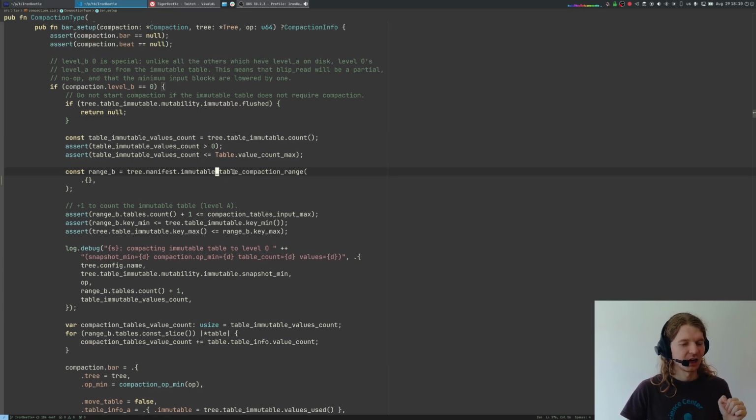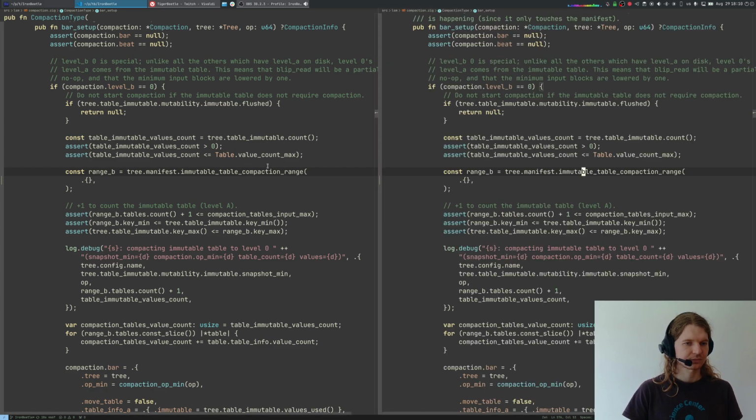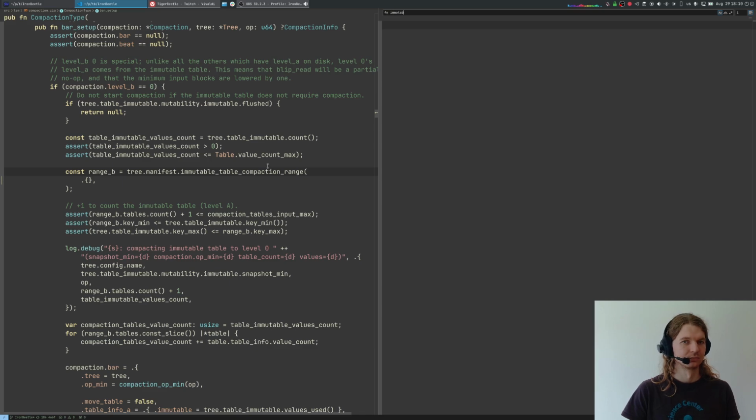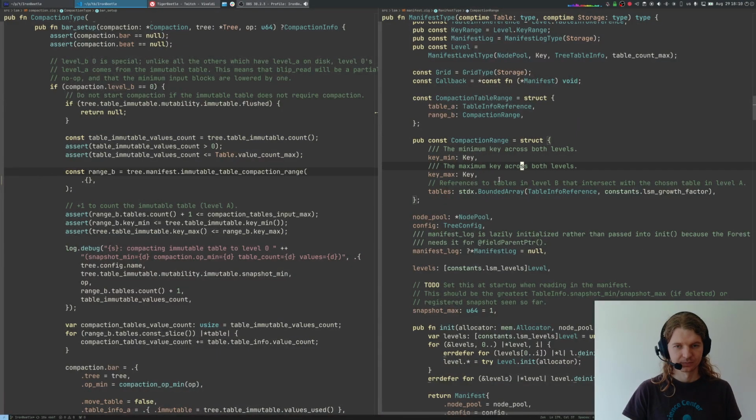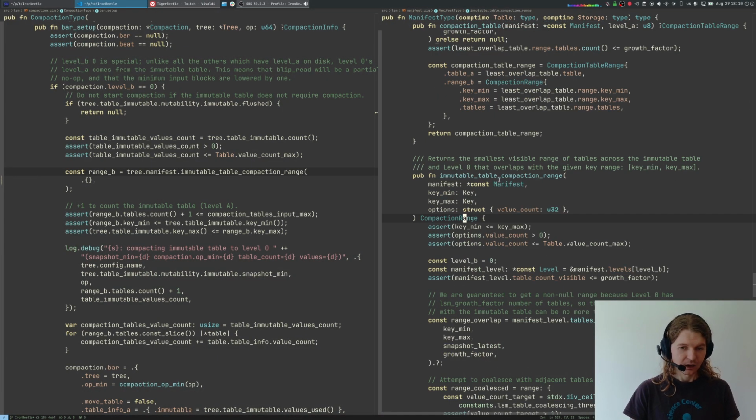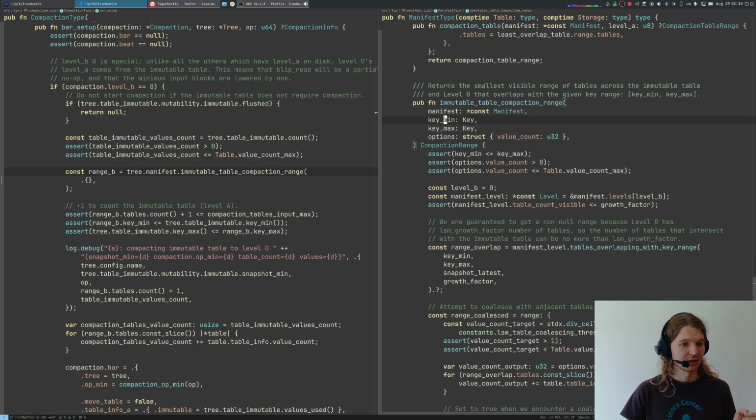And here, first of all, we find the range of tables which intersect our in-memory table using mutable table compaction range.